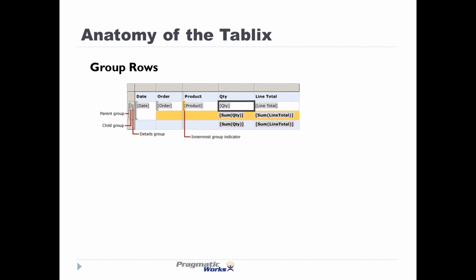And so the innermost group indicator is actually the little yellow bar that surrounds the product column there. The reason that's important is it's yellow to indicate what actually has your context presently. So that's the active, if you will. The other gray ones that you see on the outsides of order and date simply indicate those are also row groups that are representing different other capabilities of that particular design.